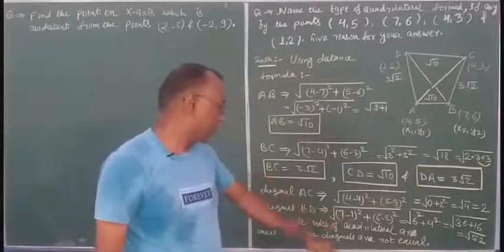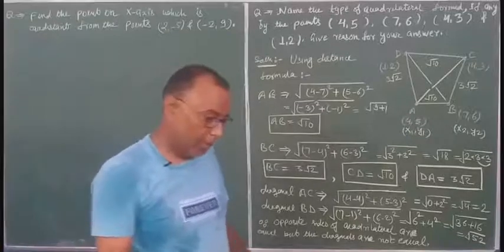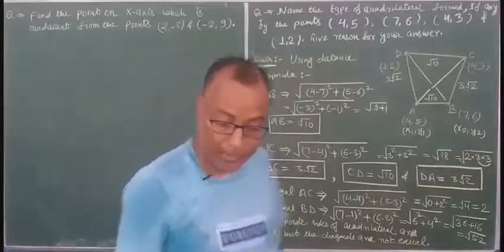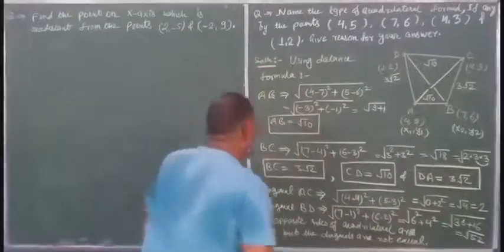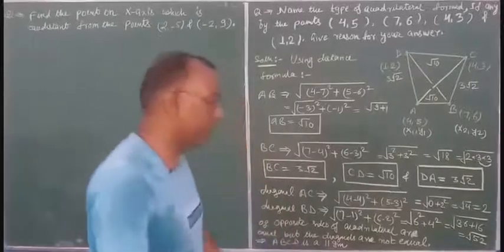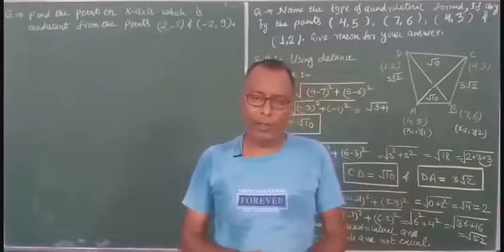See, the opposite sides of the quadrilateral are equal, but the diagonals are not equal. Therefore, it is a parallelogram. It means the given figure ABCD is a parallelogram. So in this way, we can find the type of quadrilateral.